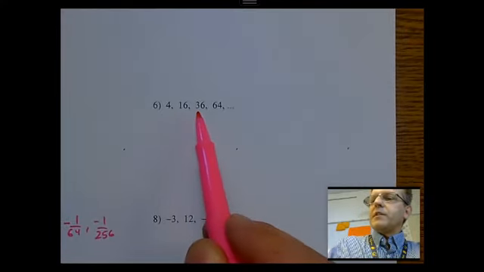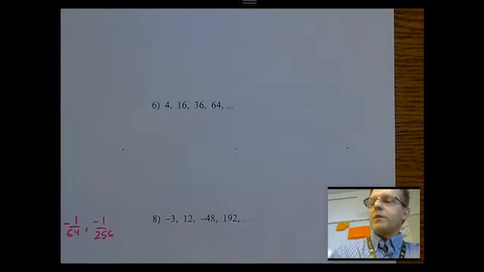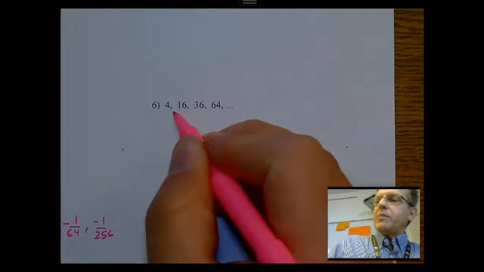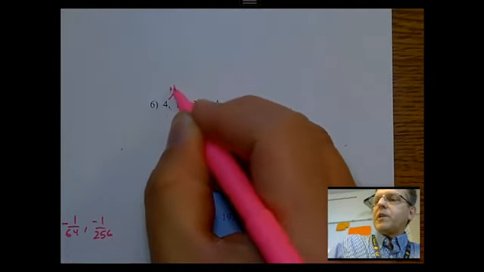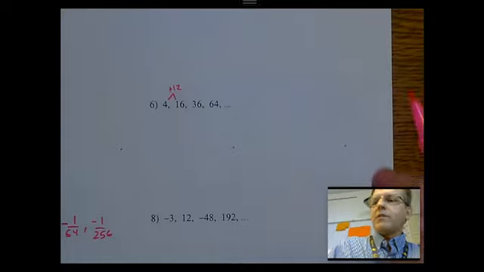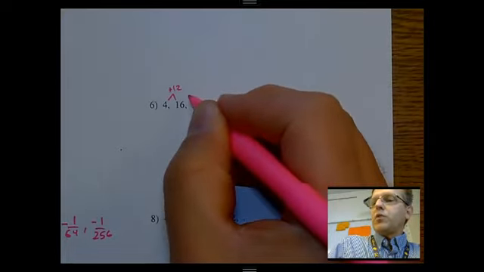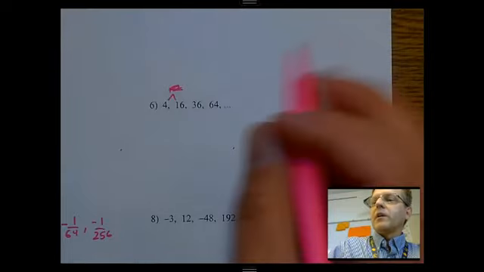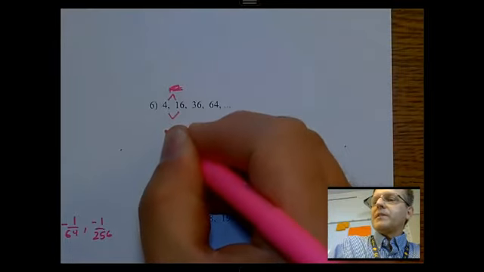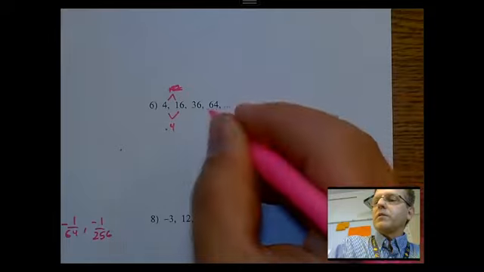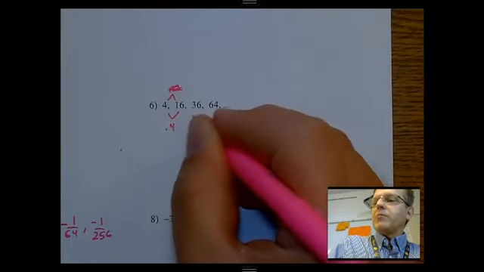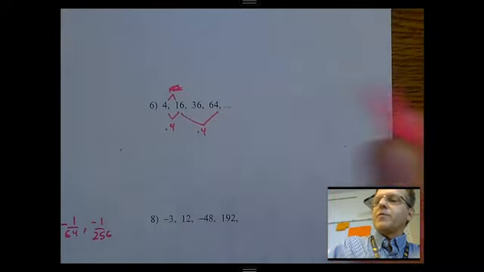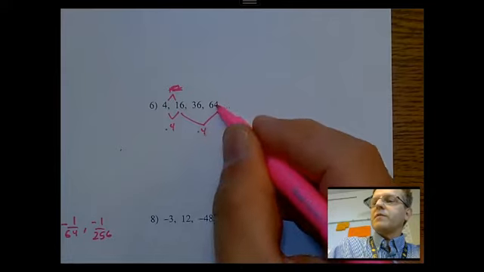4, 16, 36, 64. Well, you might be tempted to say, is it plus 12? Is it an arithmetic sequence? No. That didn't work because that would be 28 and 40. So you say, well, maybe this is times 4. Okay, but then 16 times 4 is 64.